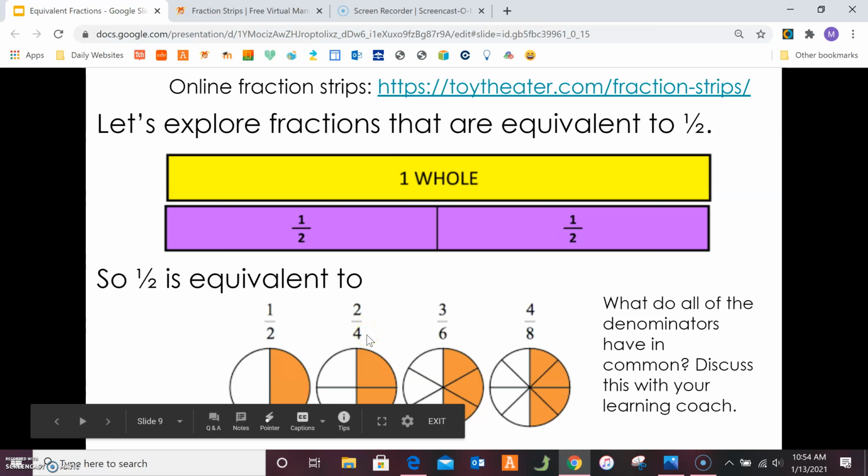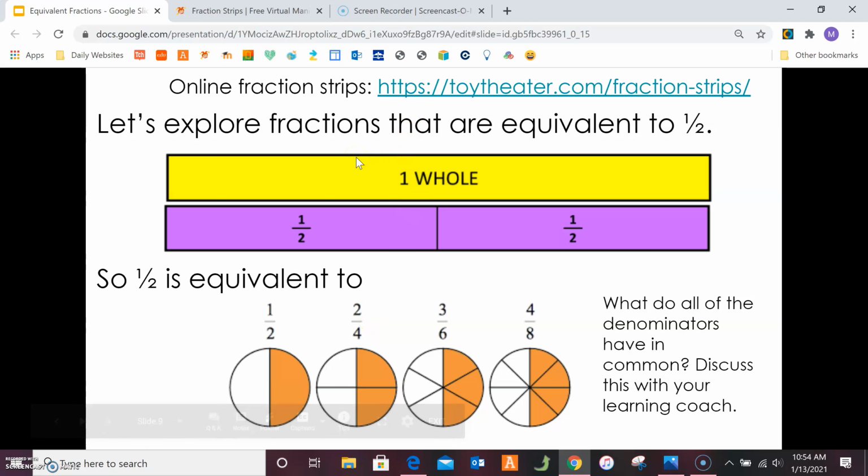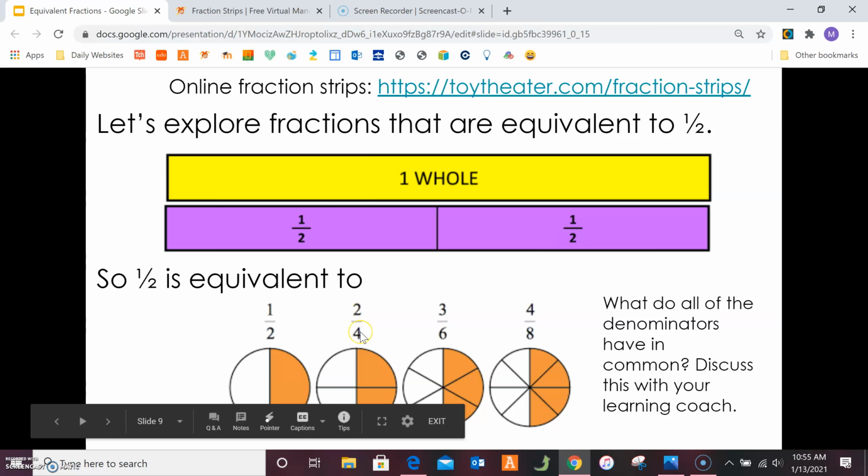We're talking about half, right? And I want you to just think in your mind if I asked you for half of something that you have. For example, if you have 4 pieces of candy and I asked you, can I have half of your candy? How many would you give me? Half of 4 is 2. Look at this fraction, 2 out of 4.